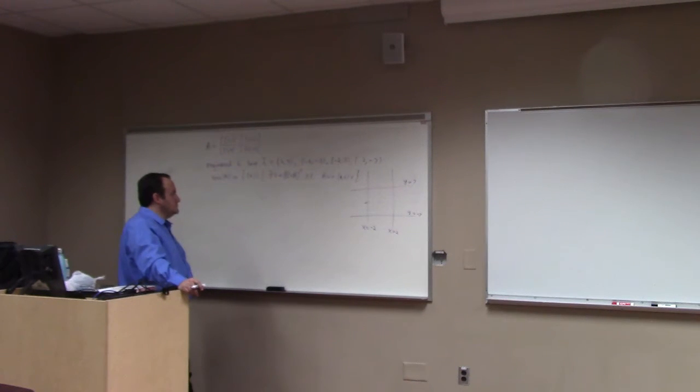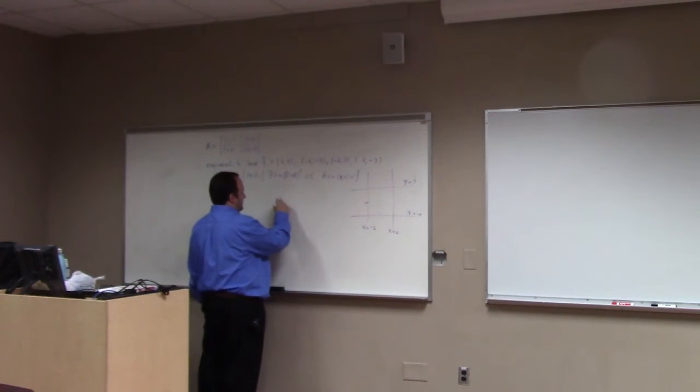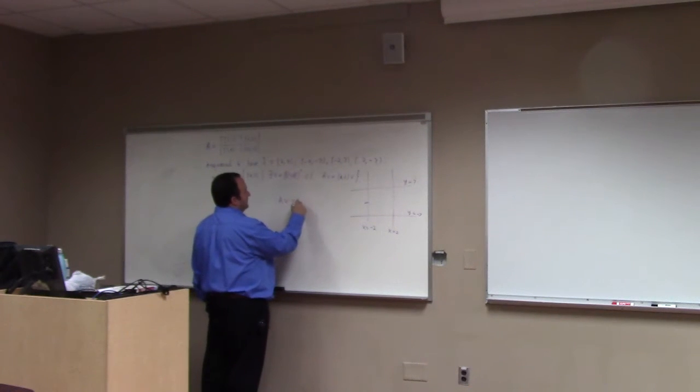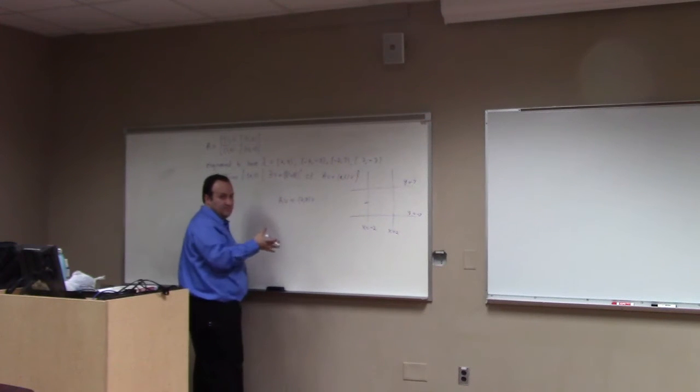Hmm. Let me think about this. If we have AV equals 2, 3, V, I mean, such a V exists, right?